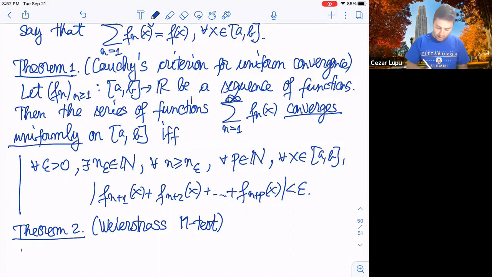But anyway, now let us consider Fn again a sequence of functions.